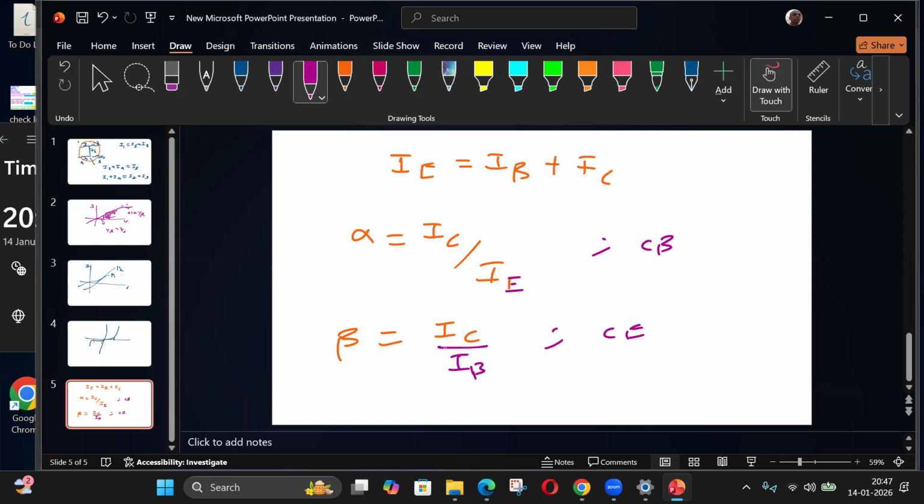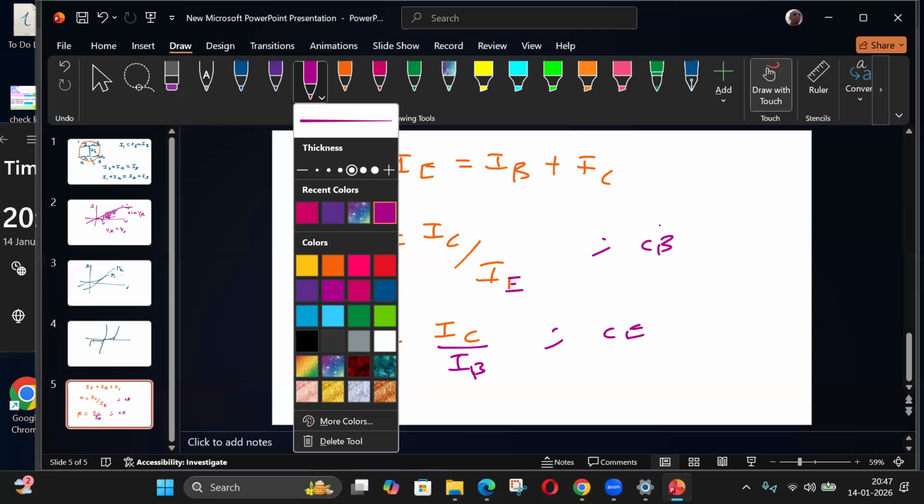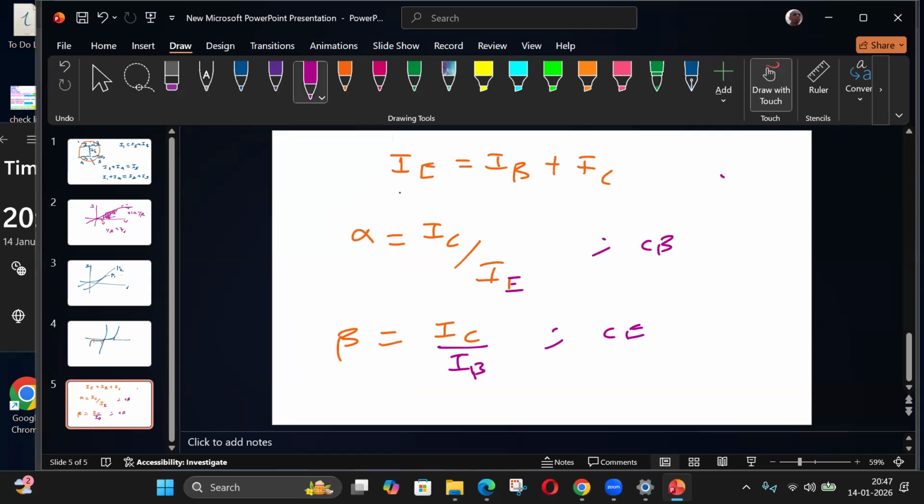So here, output by input. So divide by IC throughout. If I divide by IC, I'll get IE by IC.